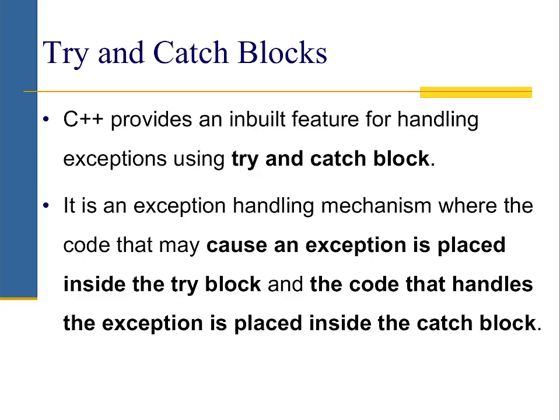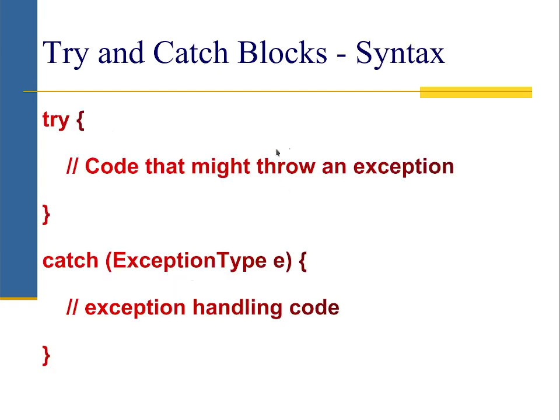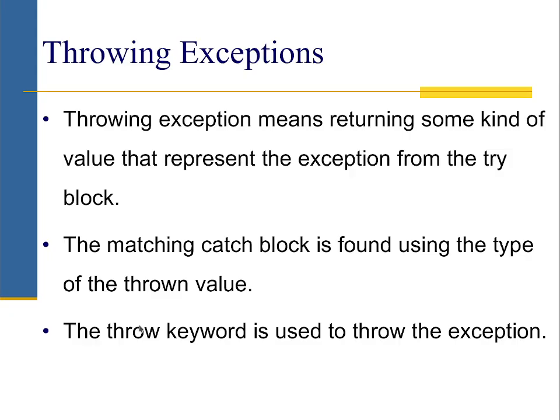It is an exception handling mechanism where the code that may cause an exception is placed inside the try block, and the code that handles the exception is placed inside the catch block. Here is the basic syntax: try this, it might throw an exception, and then you catch the exception over here.